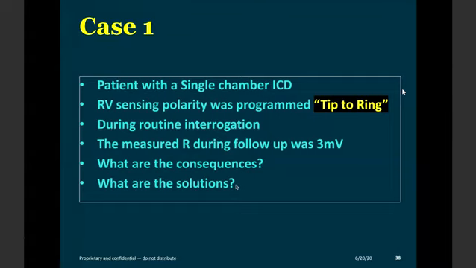This sets the foundation for going through a few cases as to how to troubleshoot these patients when they come for follow-up. The first case is a patient with a single chamber ICD.